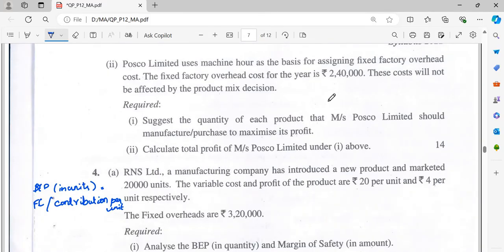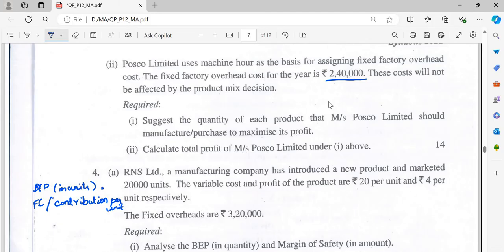Pasco Limited uses machine hours as the basis for assigning fixed factory overhead. The fixed factory overhead cost for the year is 2,40,000. The cost will not be affected by the product mix decision, so this cost won't change because of changes in Zimsam and Bon. Required: suggest the quantity of each product that Pasco Limited should manufacture or purchase to maximize its profit.